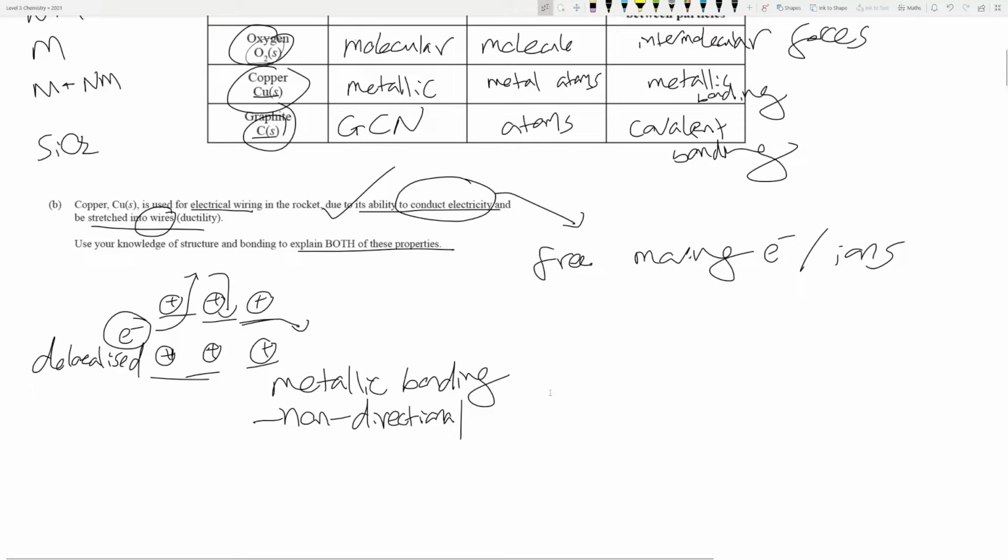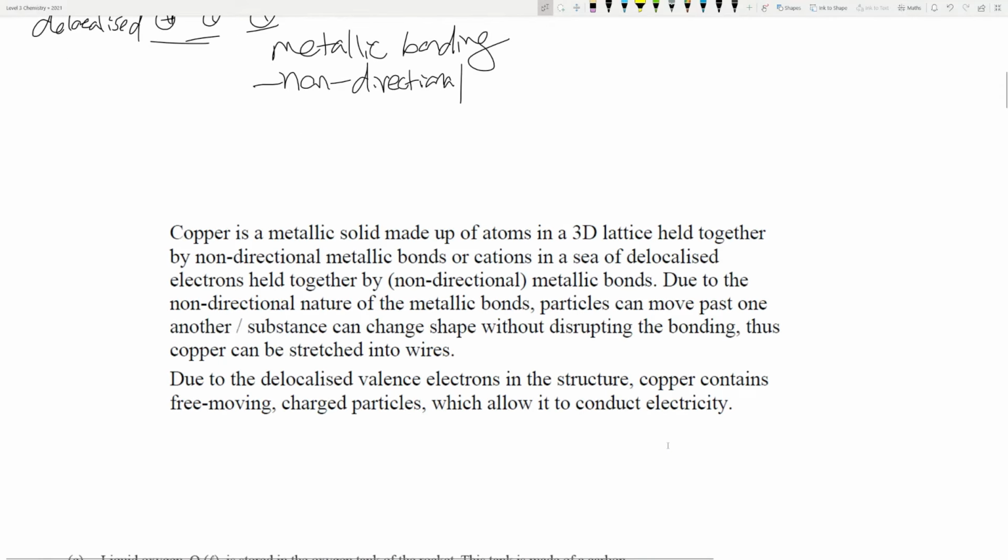If we look at the answers, here it is. You've got layers held together by non-directional bonding. Because of the non-directional nature, the particles can move past one another without disrupting the bond. And the delocalized valence electrons mean you've got free moving charged particles which can carry charges.